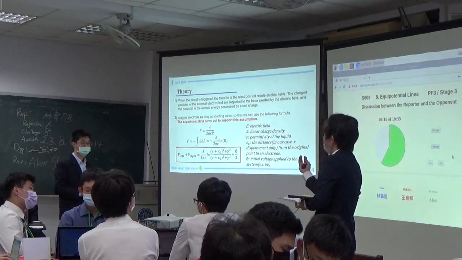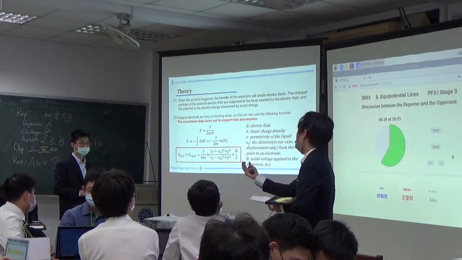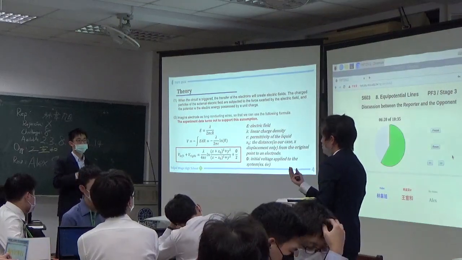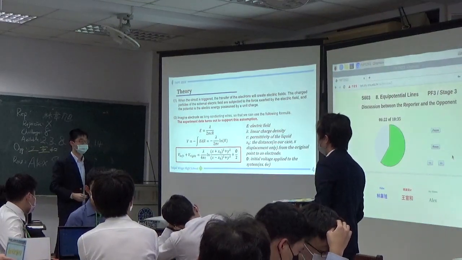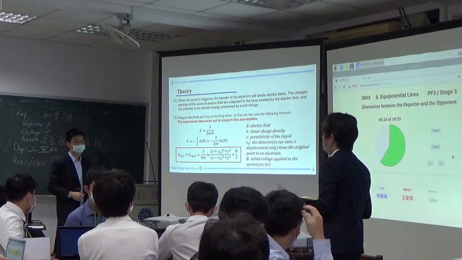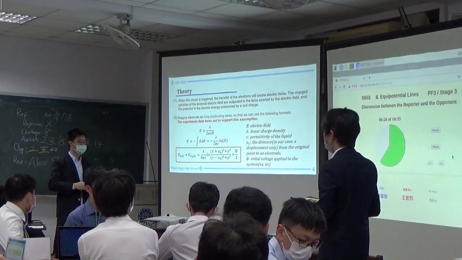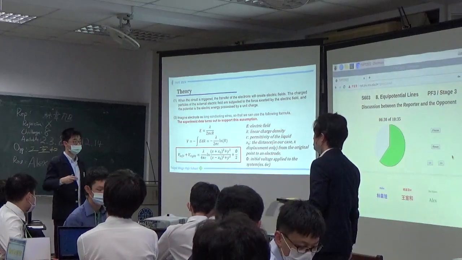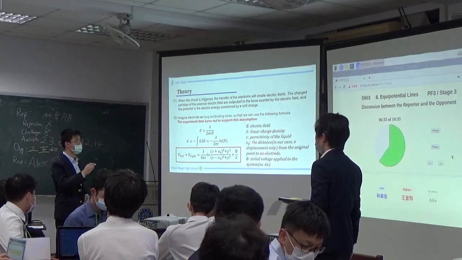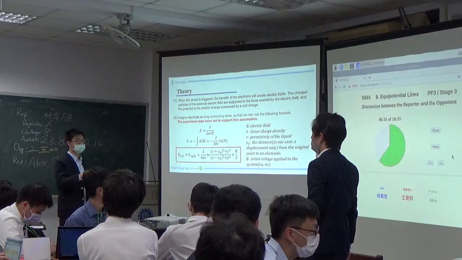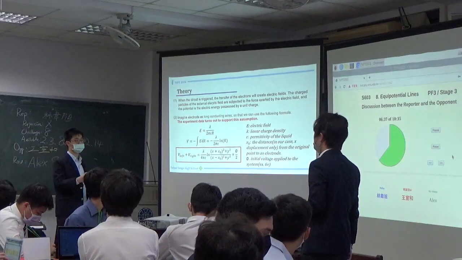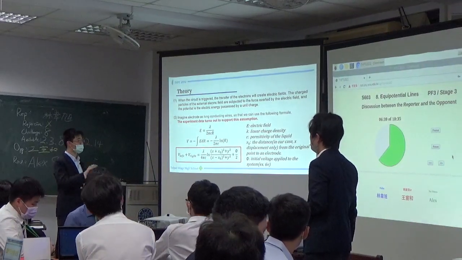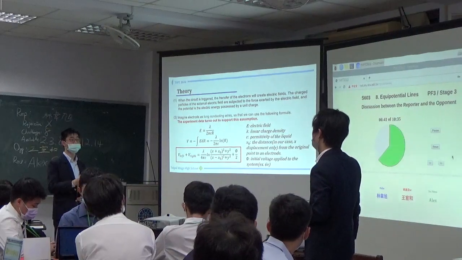Then how does a cylinder compare to a long conducting wire? Are they the same? In this case, we believe that they are the same because the cylinder is perpendicular in the water. Because the electric field around the long conducting wire will be circles. Yes. So in this case, we assume that, and in our experiment, it's very close to our theory. So it further implies that our assumption here is correct and valid.